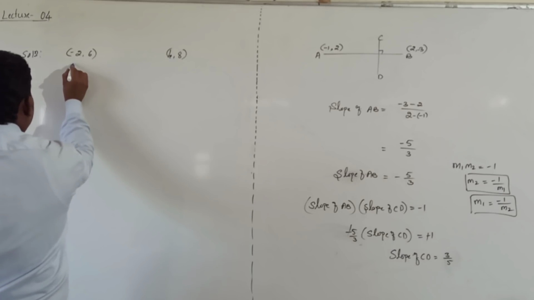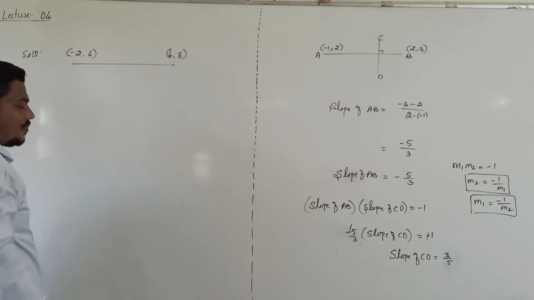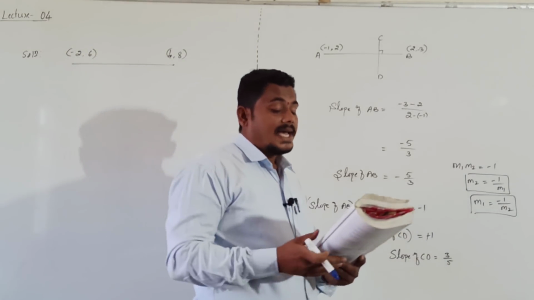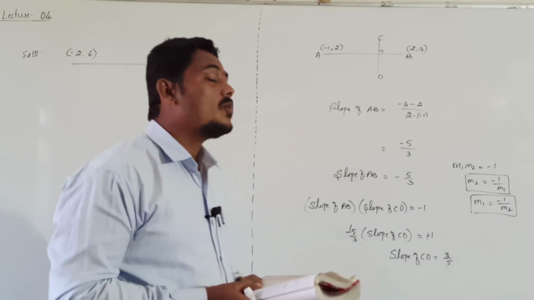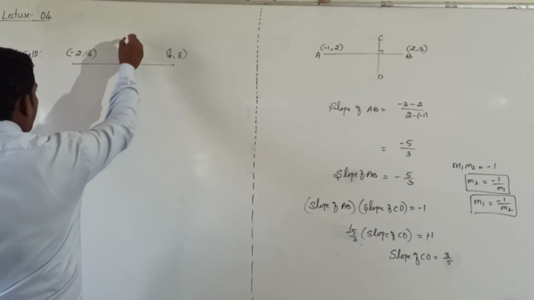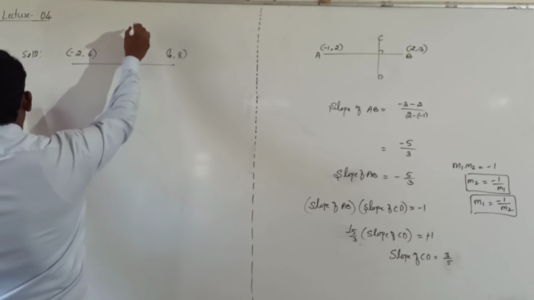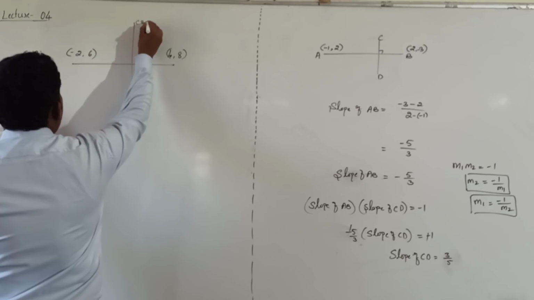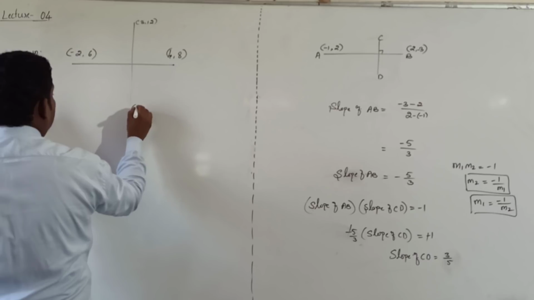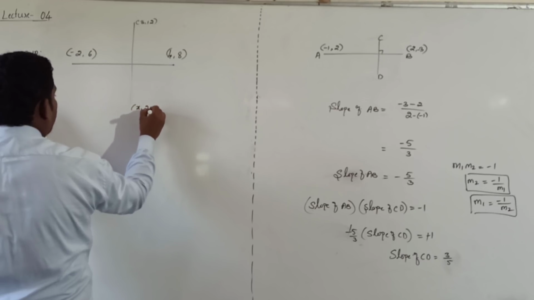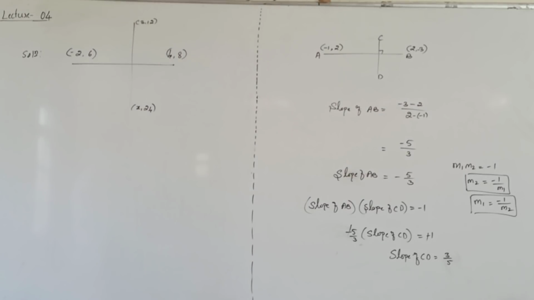This is one of the lines passing through these 2 points, and they have given this line is perpendicular to the line through 2 more points, 8, 12 and x, 24, right? This is the given condition, then we find the value of x, right?